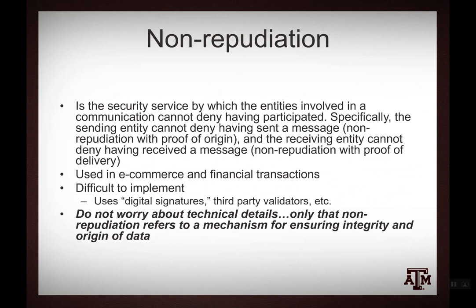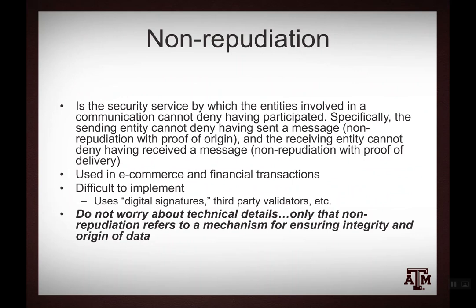Now, non-repudiation is a little bit more complex. I don't want you to worry about the technical details. I want you to understand that it is a technical mechanism for ensuring integrity and origin of data. We couldn't have e-commerce. We couldn't have all the banking functions, all the buying on Amazon and whatever, if we didn't have this. And non-repudiation, in simple terms, is just this.